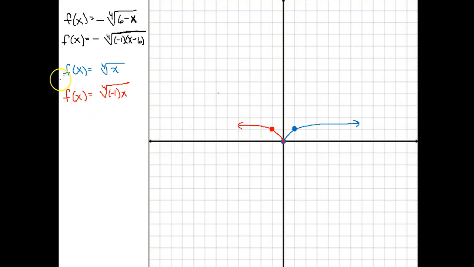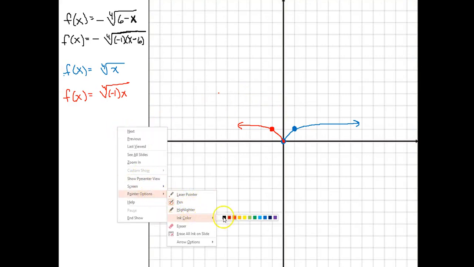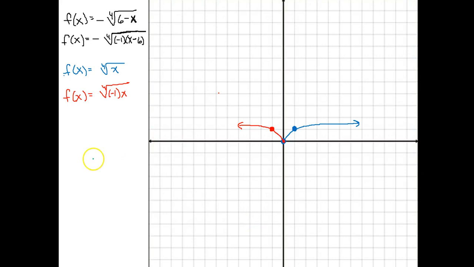And then we can shift it to the right 6. So 1, 2, 3, 4, 5, 6. 1, 2, 3, 4, 5, 6.